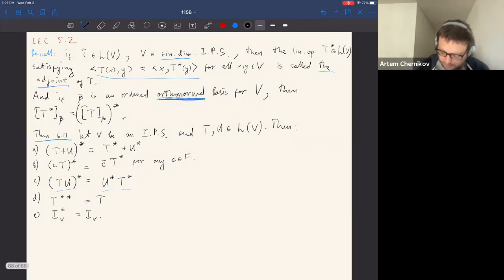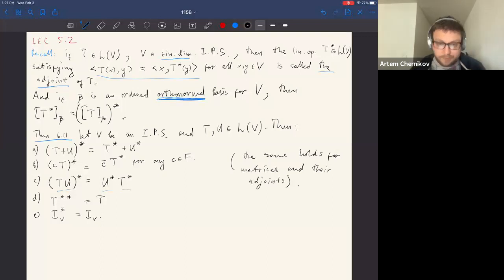And let me just remark, the same holds for matrices and their adjoints. Here we state all these properties for linear operators, but we have the analogous statements for matrices. So these are some general remarks about the operation of taking the adjoint.